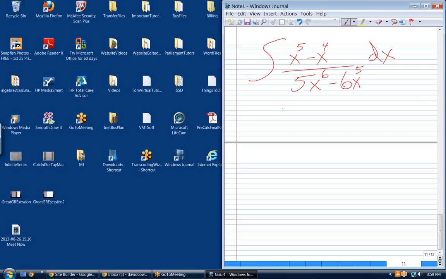If I take out x to the 4th, I'm left with x minus 1. If I take out an x to the 5th, I'm left with 5x minus 6.